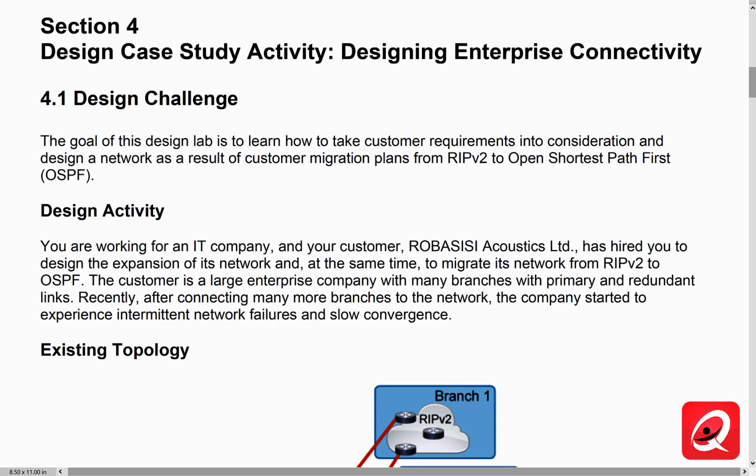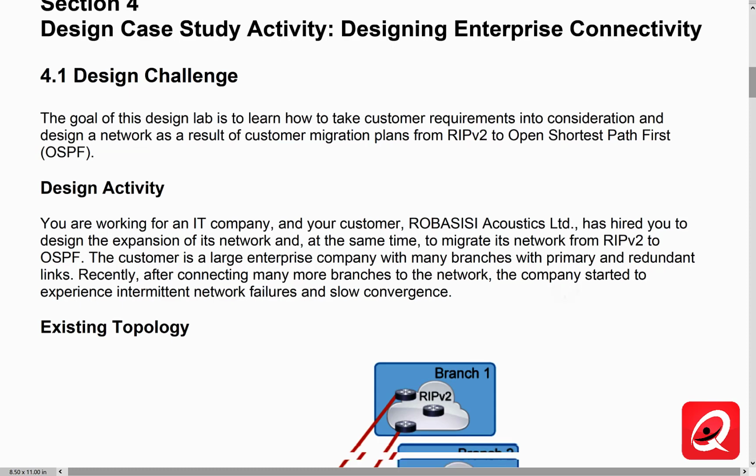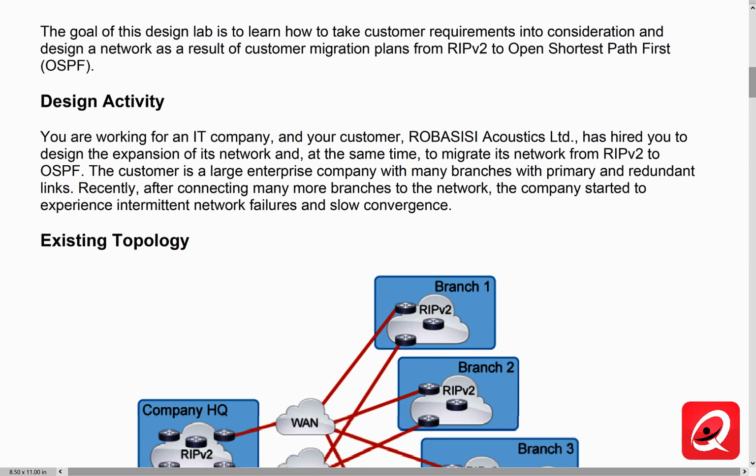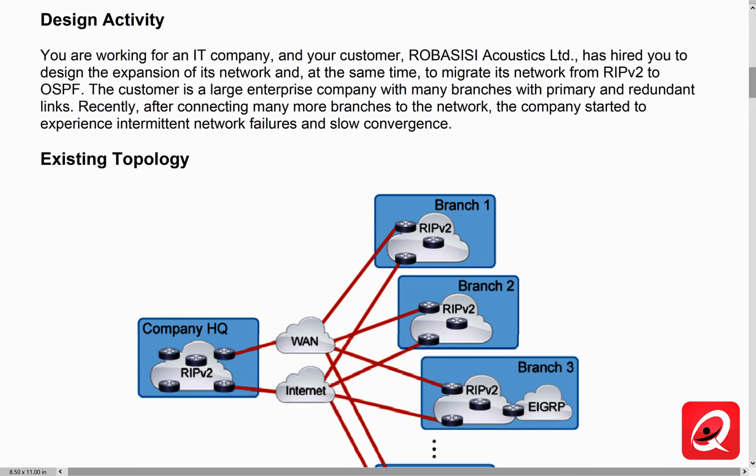to OSPF. We're working with an IT company and our customer, Acoustics Limited. We have been hired to design the expansion of this network and at the same time to migrate the network from RIP version 2 to OSPF.